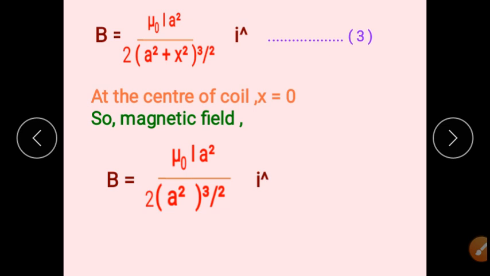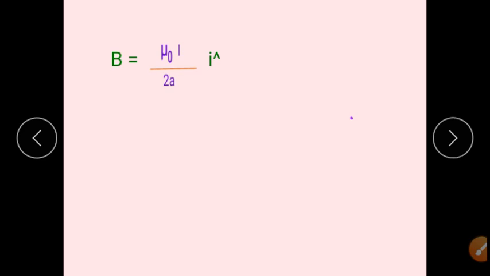What is a² raised to 3 by 2? It is a³. Therefore, in the numerator there is a², in the denominator there is a³. Cancelling all, you will get the final result as μ0 I by 2a î. That is at the center of the loop.